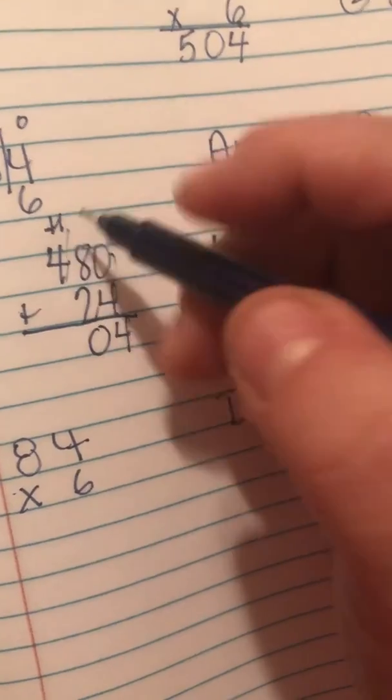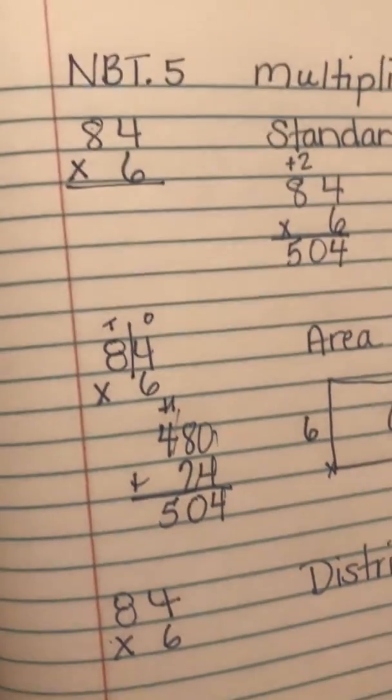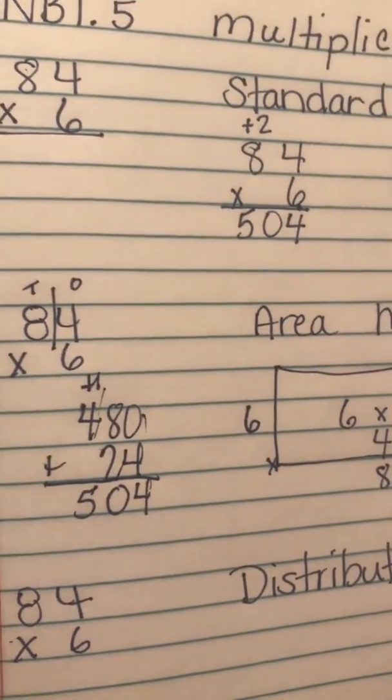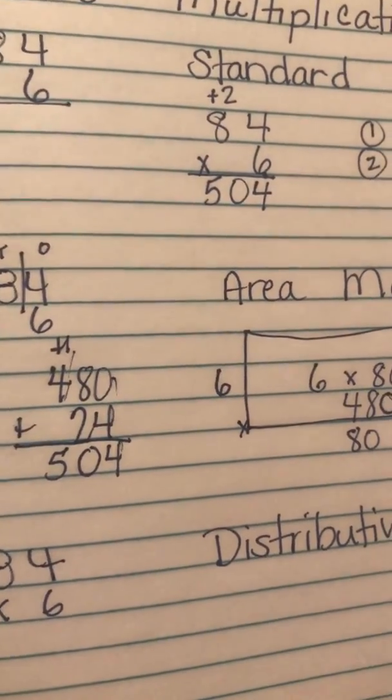And then 4 plus 1 more is 5. So as you can see, with the standard algorithm and the area model, they both equaled 504.